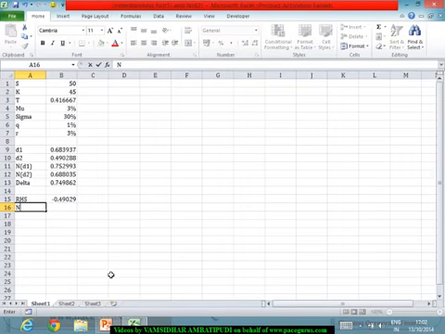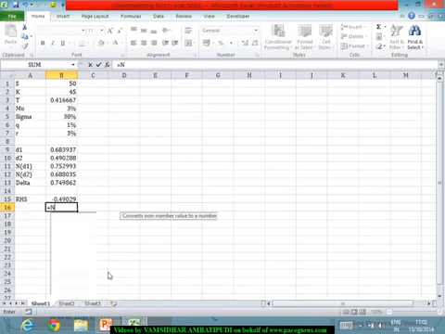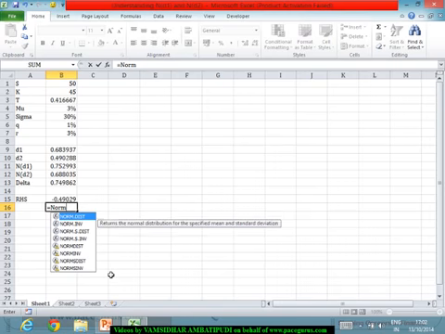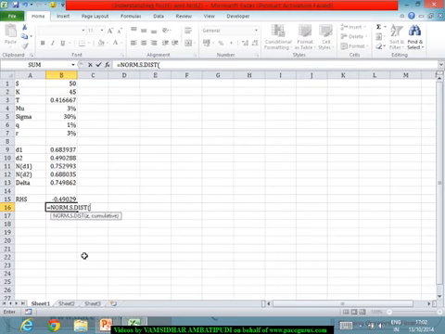So that's where I will get the N of d2. If I want the probability of Z less than the minus of this value, I can take the NORM.S.DIST of this particular value.